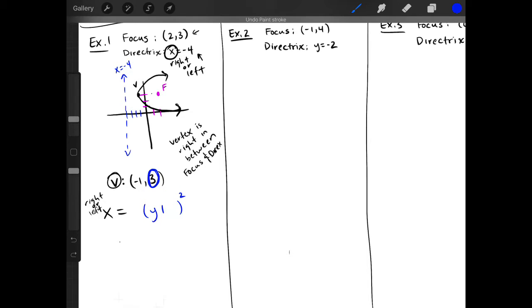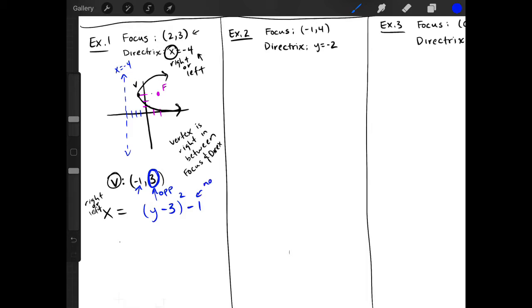So instead of it being +3, we're going to change that to be -3. Now we have added that +3 into our equation, which means to make this -1 appear in our equation, we just go to the end and we put -1. Again, we do not do opposite for that piece on the end. That stays the same. We have just added the vertex into our equation.